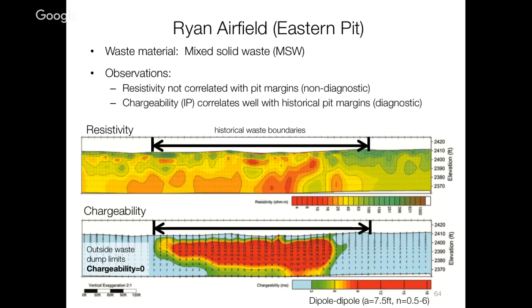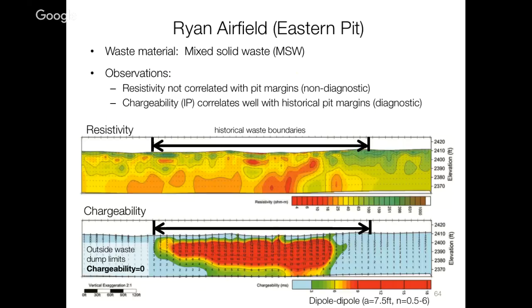But if you look at some of the results that come from doing DC and IP experiments, here's the resistivity, and here's the historical boundaries of the waste dump. And there's not a huge correlation. On the other hand, chargeability looks like this. So the chargeability has been a good indicator.